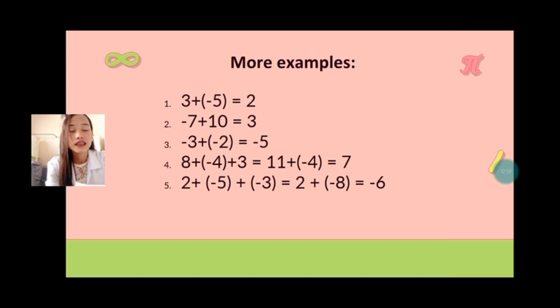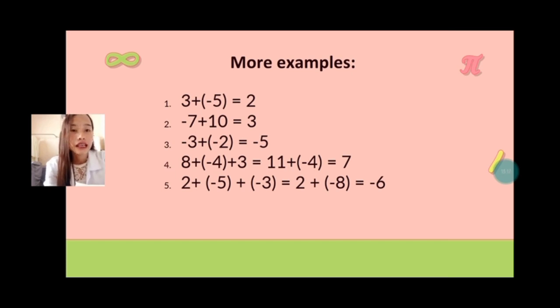Next is negative 3 plus negative 2. They have a common, or like, sign, so we add them, and then we keep its sign.